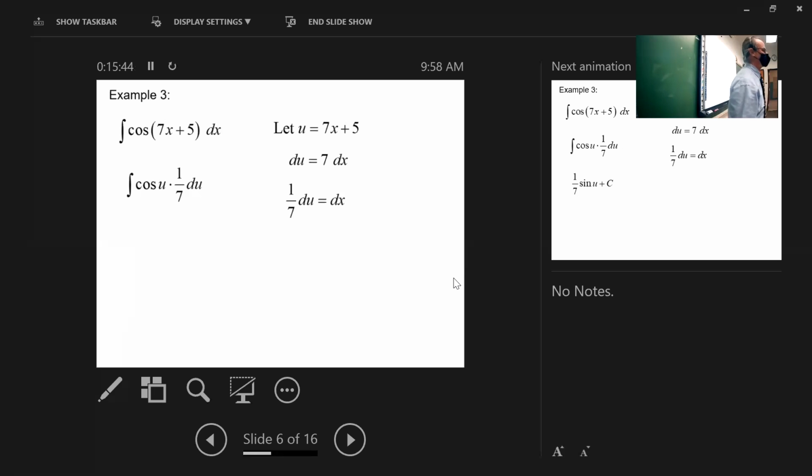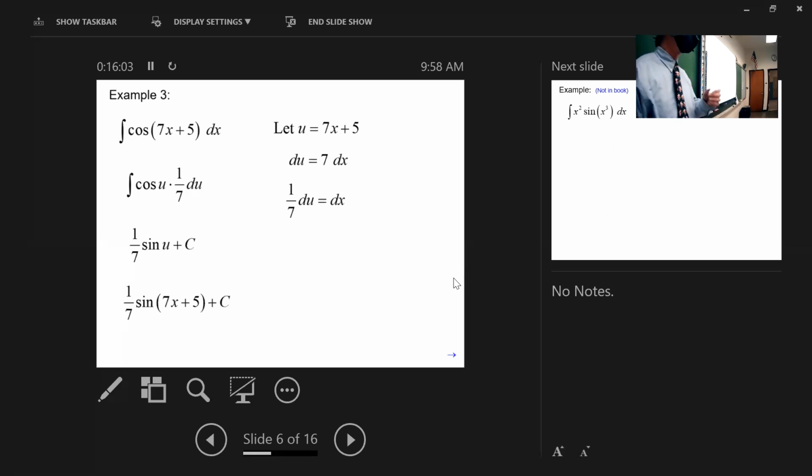It's a little different than what they did in the PowerPoint, but you're going to get to the same place. Cosine is the derivative of sine. So you have 1/7 sine mu plus the constant because it's indefinite, and then you paste in there what mu is.